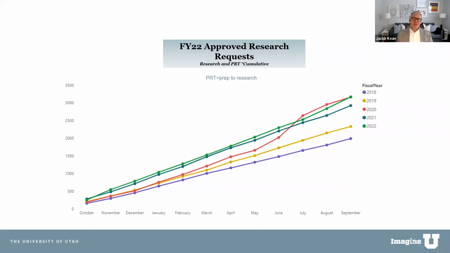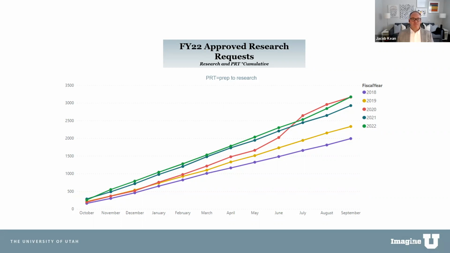This slide illustrates 50% growth in VINCI research requests over the last 5 years in fiscal years 2018 to 2022. As you can see, the red line, which represents 2022, reflects a significant uptake in the COVID-related studies that began in the summer of 2022.